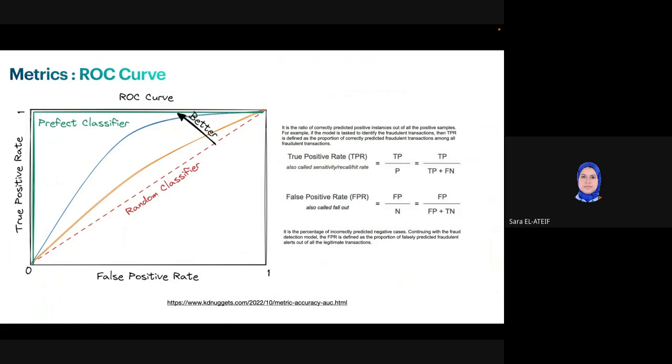A perfect classifier will try as much as possible to stick to the upper left corner, right? And a random classifier, that is, you might as well call someone who can gamble for you. That's a random classifier. That means 50% of the time it is right, 50% of the time it is wrong.